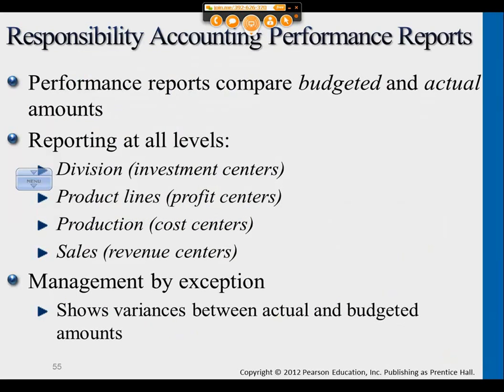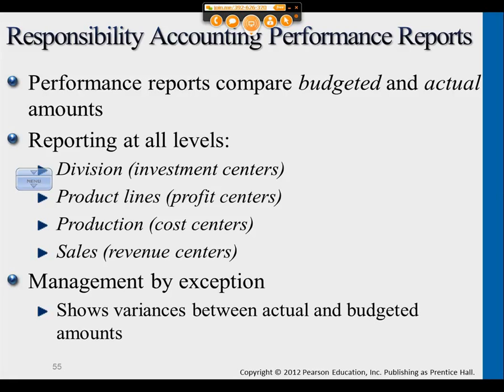All right. So therefore, what would that report? How would I identify whether or not my manager is doing well? I have to have some system for reporting in place. So performance reports compare the actual to budgeted numbers, and the reporting is usually done on all possible levels because I want to find the weak link, right?